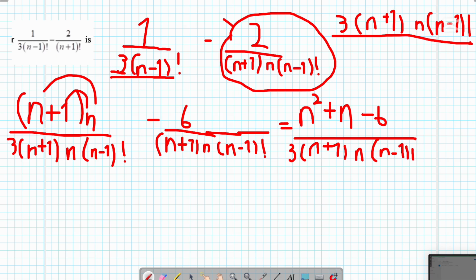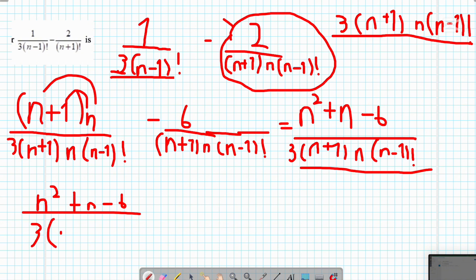Again, as we said before, all of this is (n plus 1) factorial, so we can simplify it. n squared plus n minus 6 is equal to 3 times (n plus 1) factorial.